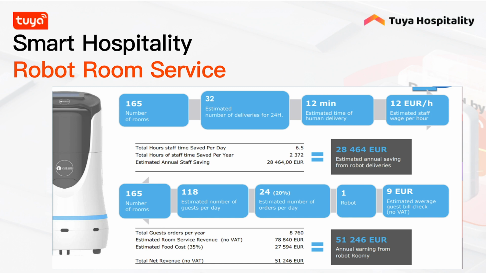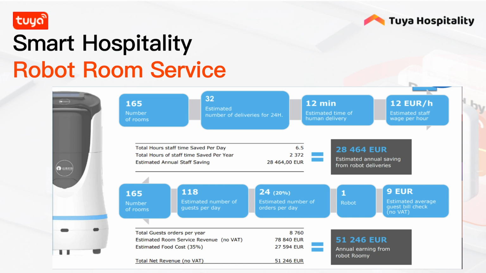As you can see on the screen, these robots deliver very strong value when it comes to replacing the work of delivering items such as food or towels to guests, which is generally seen as a menial task that is not the best use of your already depleted workforce.